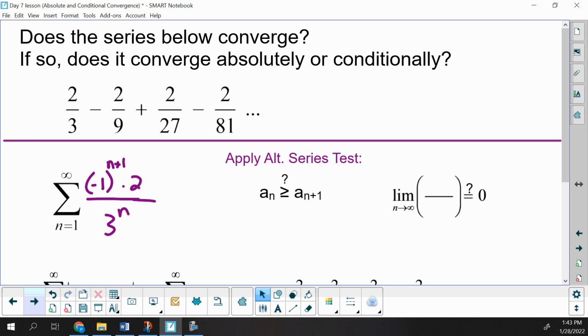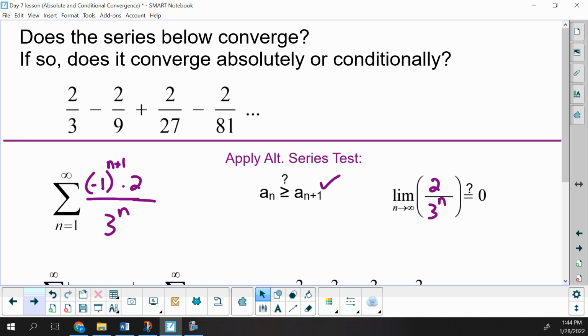Well, if we want to know if it's absolutely or conditionally convergent, or it could be divergent also, because we have an alternating series, let's see if we can apply the alternating series test. So if we look at our couple terms, it does appear like each successive term is smaller than the one before it. We're really looking at 2 over 3 to the n.